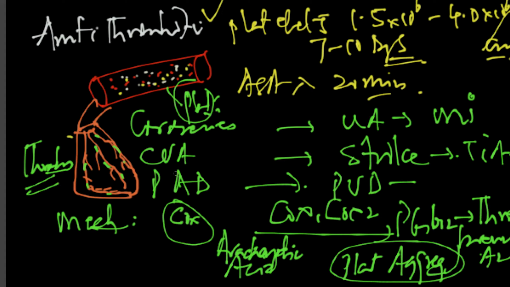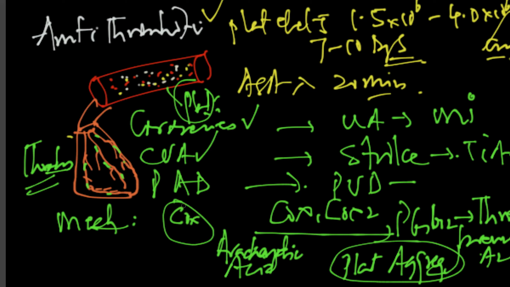But what happens is, in a setting where somebody has an increased tendency for coronary thrombosis because of atherosclerotic plaques, high cholesterol, smoking, etc., those coronaries can actually thrombose, or cerebrovascular arteries can thrombose and make somebody go for a stroke.